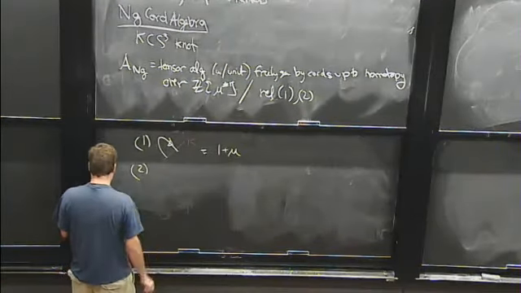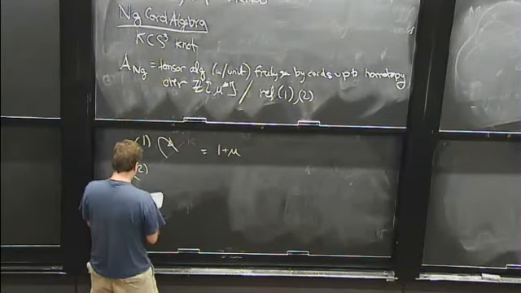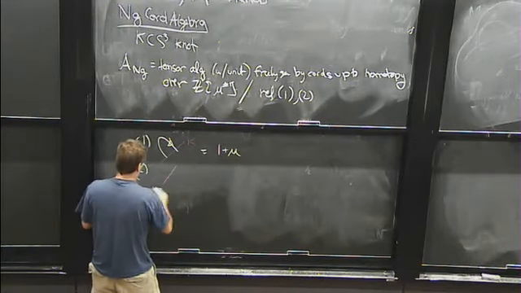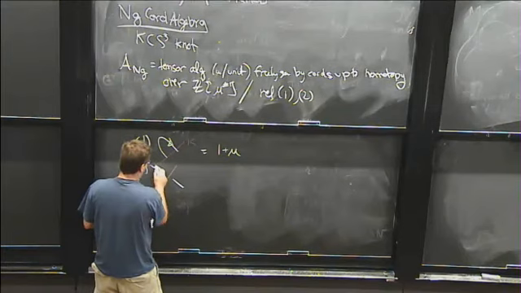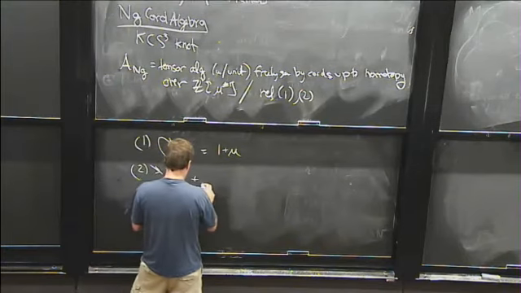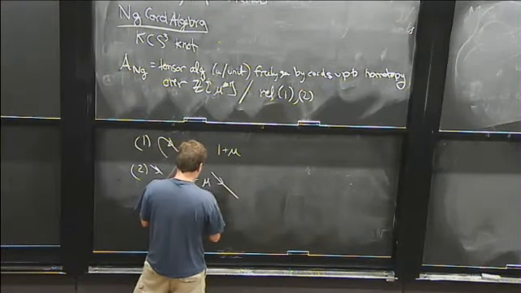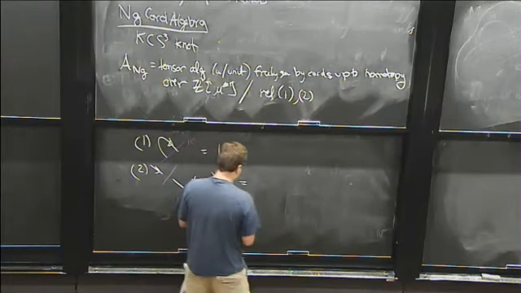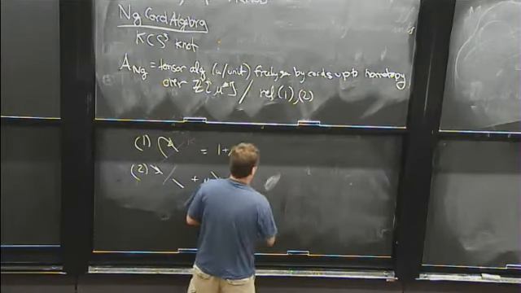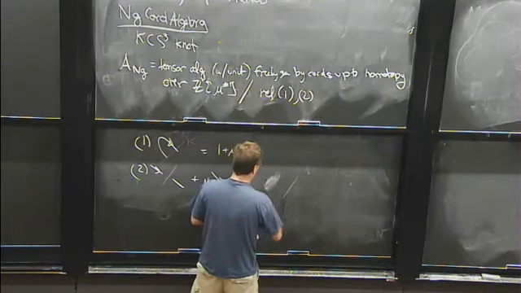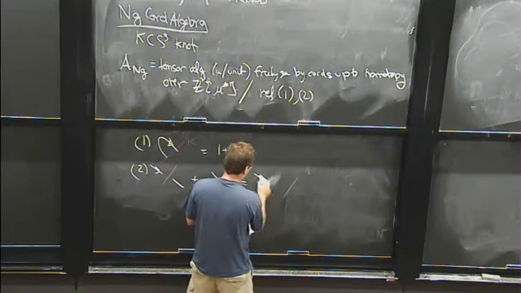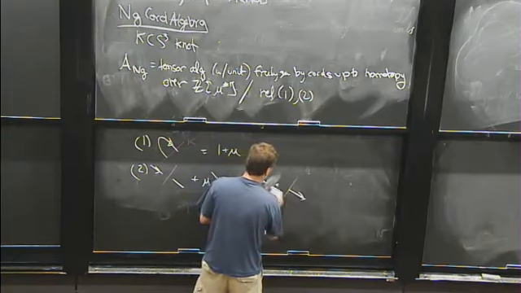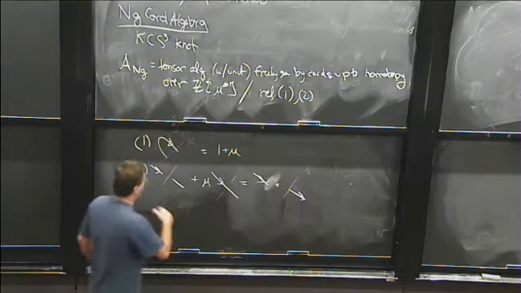And the second relation: here I have a string passing under and a string passing over, and that's going to be equal to a quadratic term in this tensor algebra given by that.